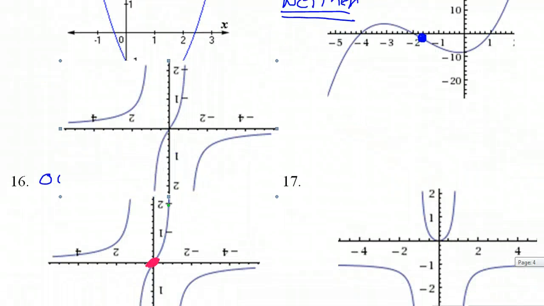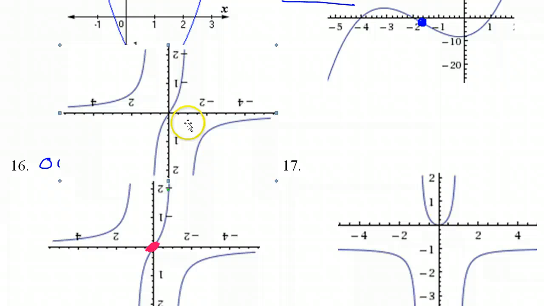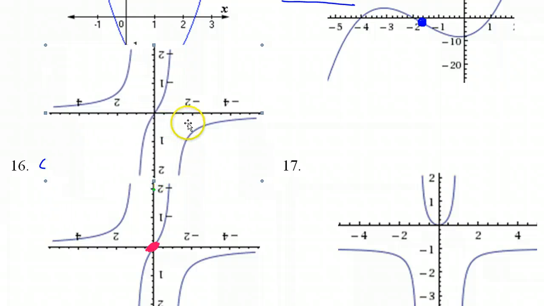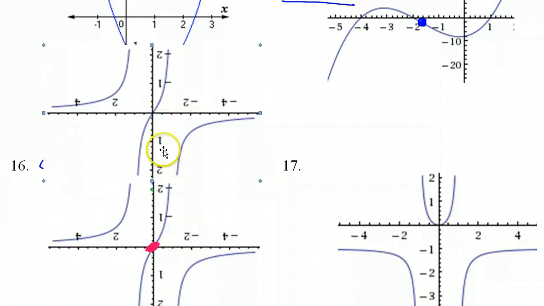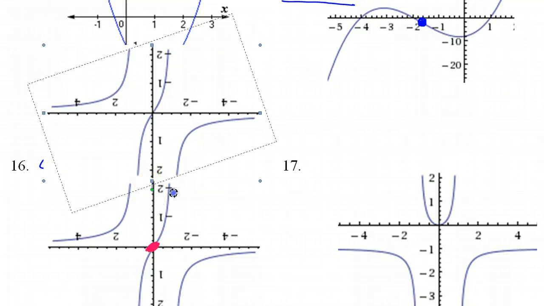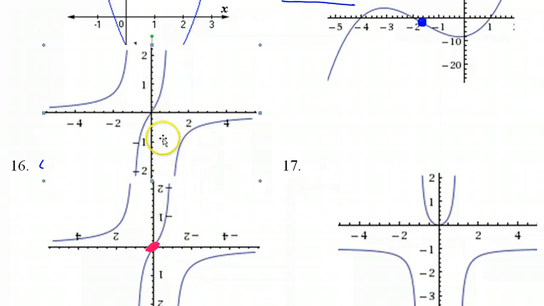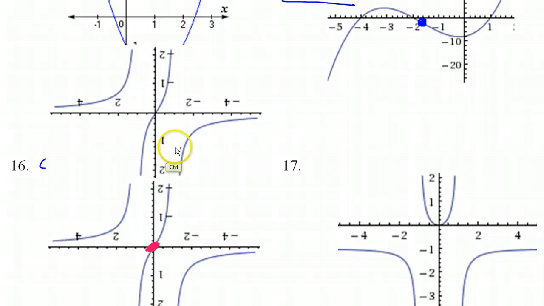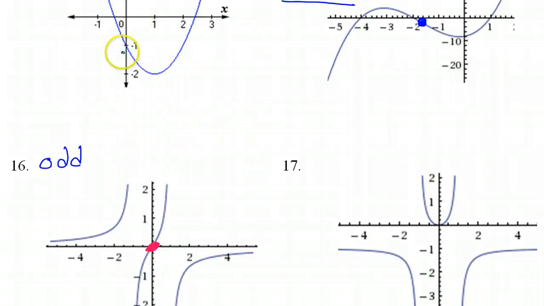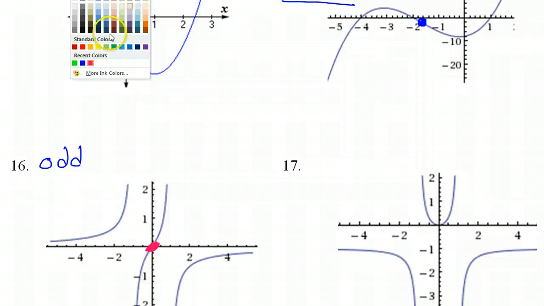Okay, so these are the same, but if I take this and I turn it upside down, the upside down graph, the right side up graph, I'm spinning it around the origin, it looks the same either way. So that's how I know that I have origin symmetry. And origin symmetry is odd.